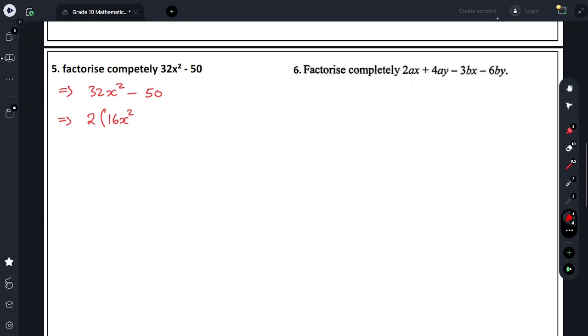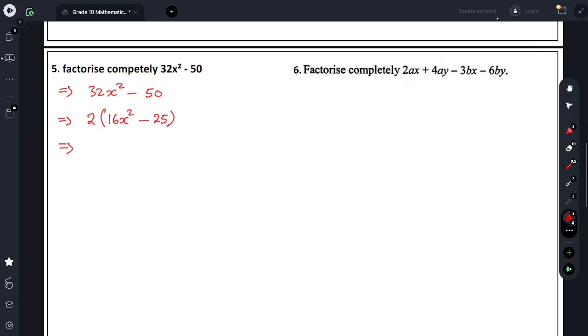So you have to be intelligent, guys, to understand this. Then you say minus, and here 2 into 25 gives 50, so you need to multiply 2 times 25 to get 50. So here you have 25. We will continue. As always, factorize completely has a difference of 2 squares trick about it.